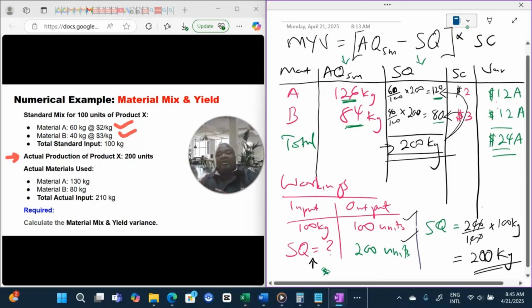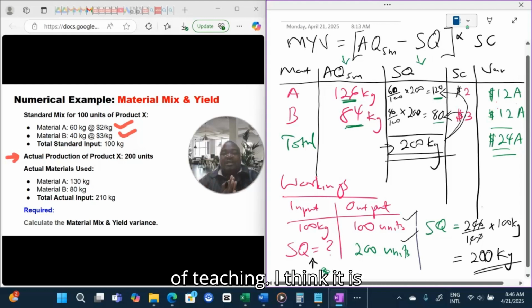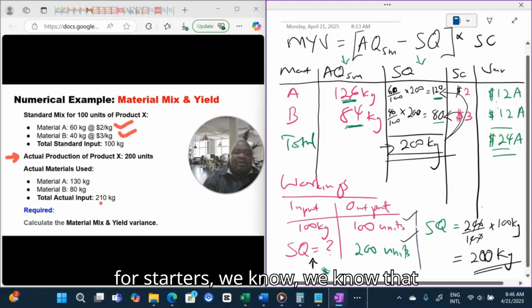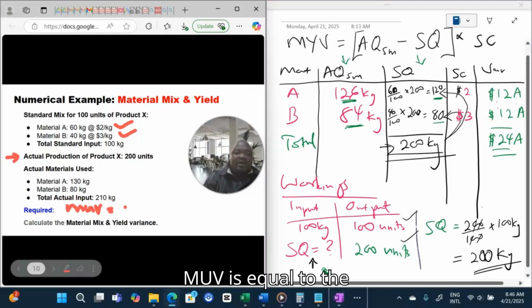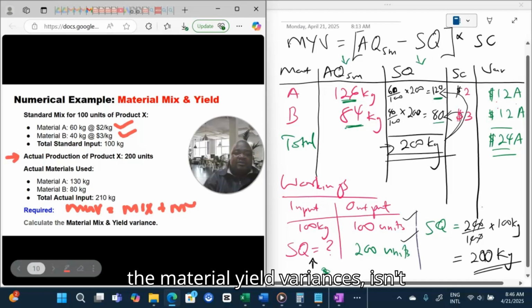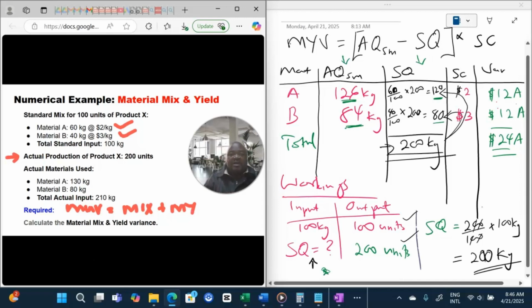Okay, it was not required in this particular example, but for the purpose of teaching, I think it is necessary for us. So for starters, we know that MUV is equal to the material mix plus the material yield variances, the mix and yield variances, right?